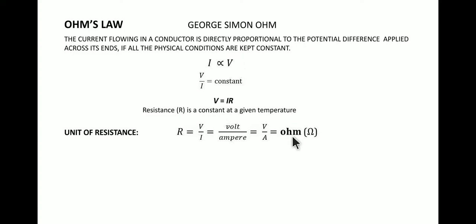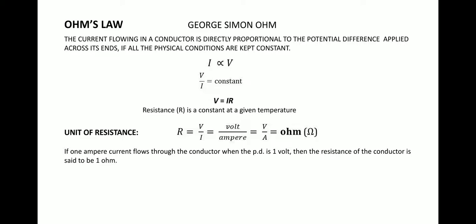If 1 ampere of current flows through the conductor when the potential difference is 1 volt, then the resistance of the conductor is said to be 1 ohm. That means if 1 ohm is the resistance, the voltage across will be 1 volt and the current flowing through will be 1 ampere. So 1 ohm is equal to 1 volt by 1 ampere.